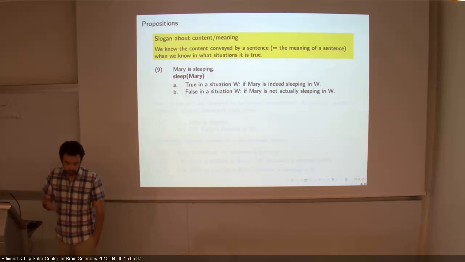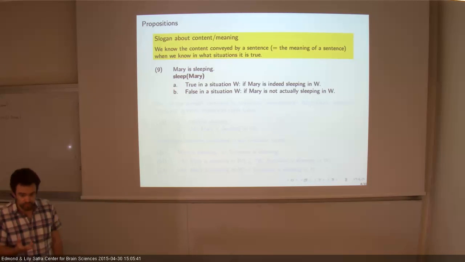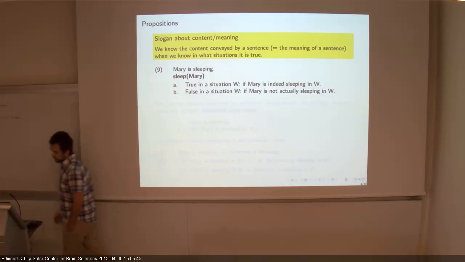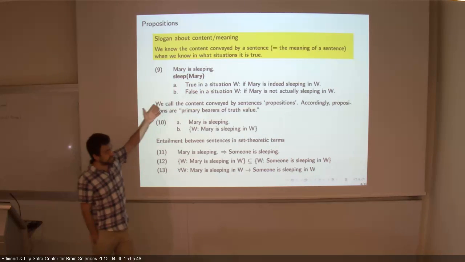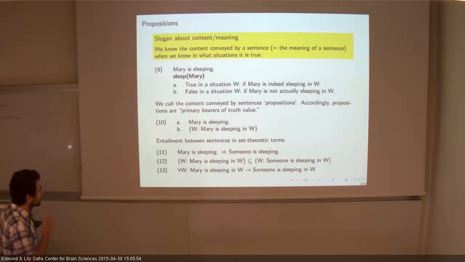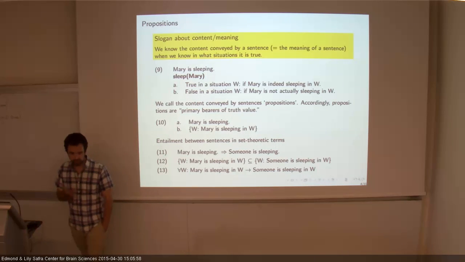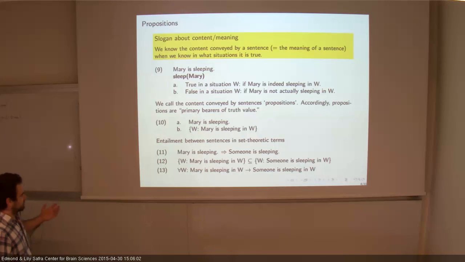On the basis of that, we're now going to characterize what the abstract meaning of the sentence is. We're going to say that the actual meaning of this sentence is a proposition. We're going to call the meaning of the sentence Mary is sleeping a proposition, or people have called them propositions.